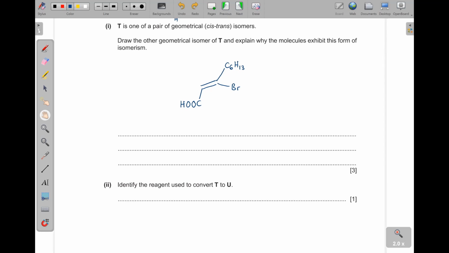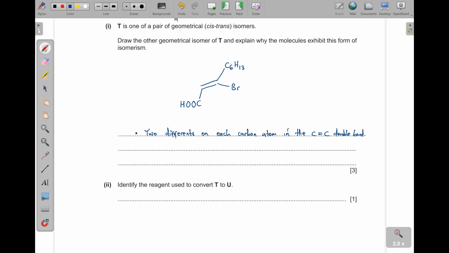Then we have to explain why the molecules exhibit this form. We shall say there are two different groups on each carbon atom in the carbon to carbon double bond.